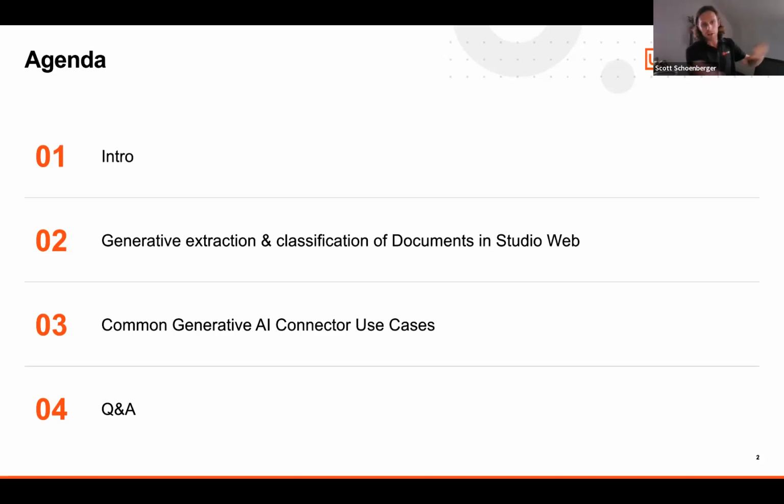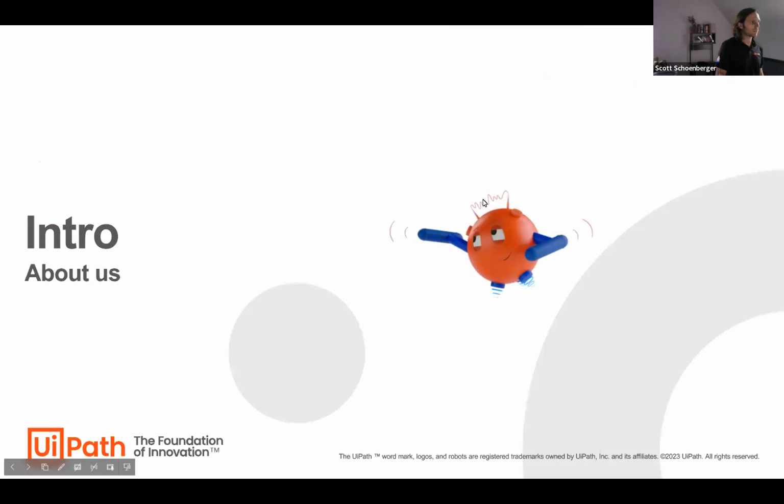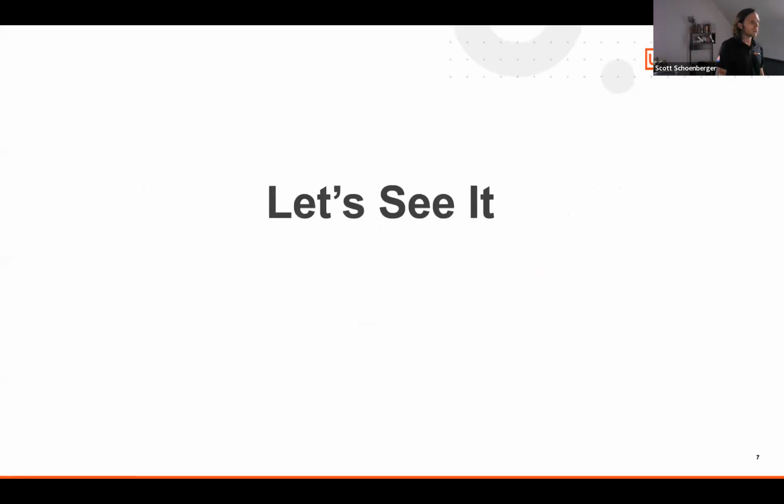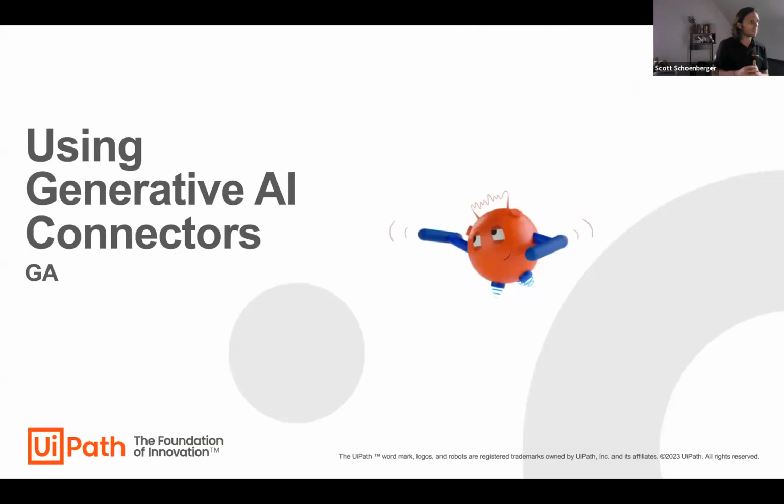Monica's really focused on all the specialized AI specific to document understanding, but actually a lot of the same tasks that document understanding offers, you could theoretically accomplish with the integration service generative AI connectors. And so that's what we're going to talk about. As I said, I'm going to skip through her slides, and she has a great demo. I'm sure we'll find a way to get that out to folks as soon as possible.